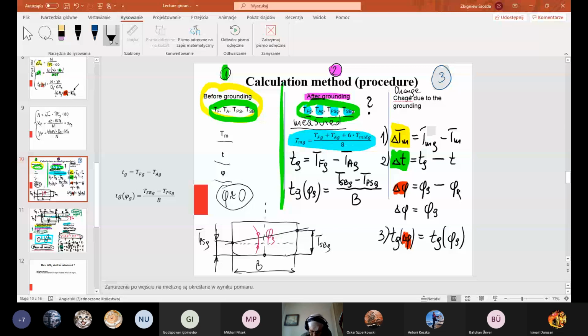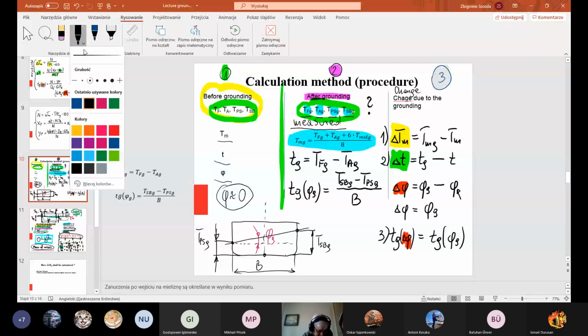The same for trim, delta T is the change of trim, final minus initial, and delta phi is the change of the angle of heel: phi G minus phi. Phi G is final after grounding, and phi is initial of the freely floating vessel.